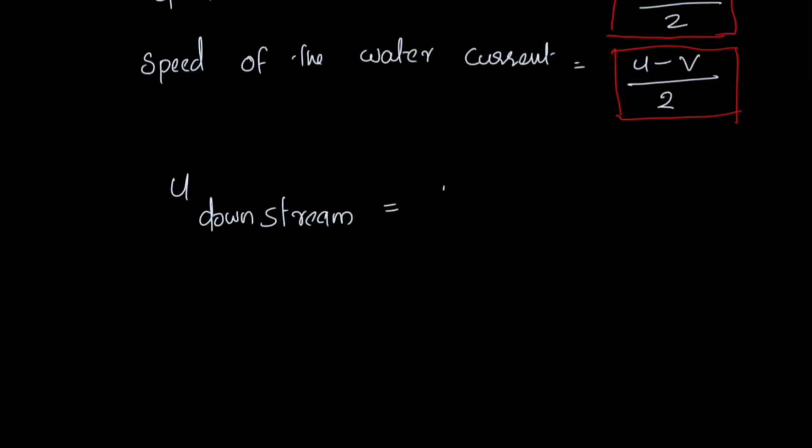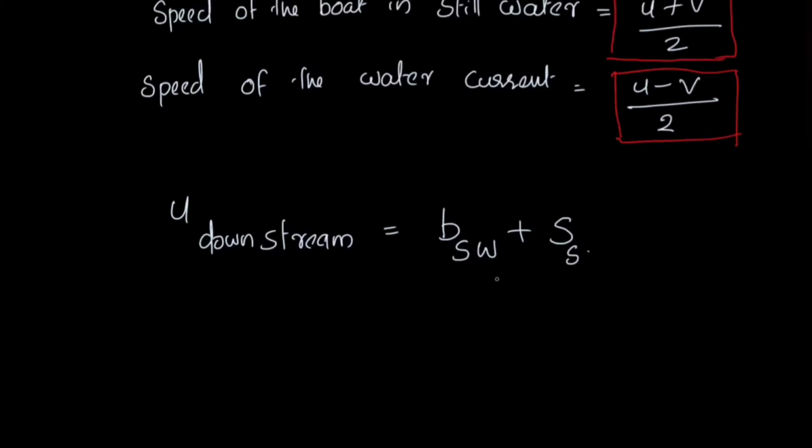So we can write like this: the speed of the stream will aid the speed of the boat, that is, it is added with the speed of the boat in still water.